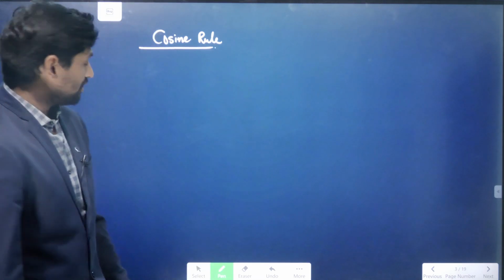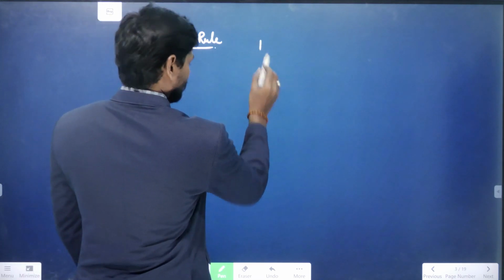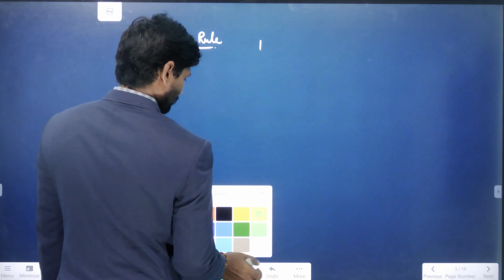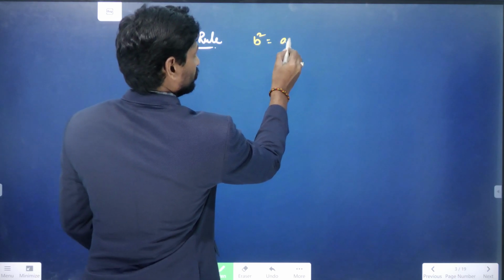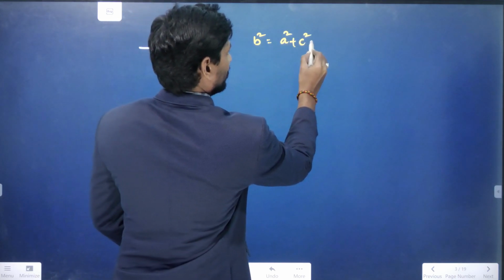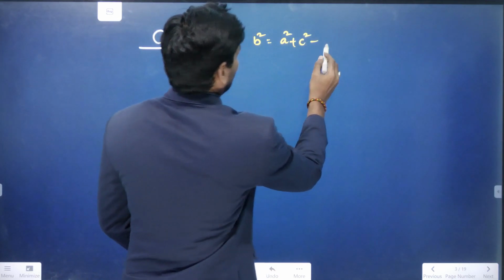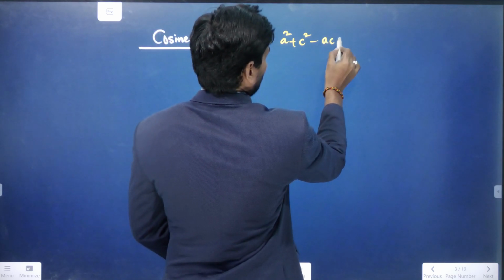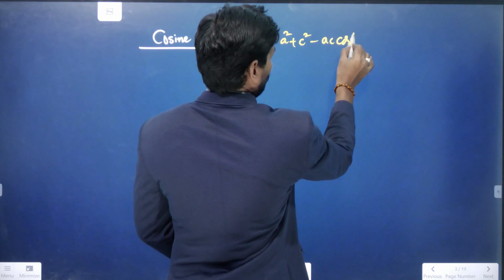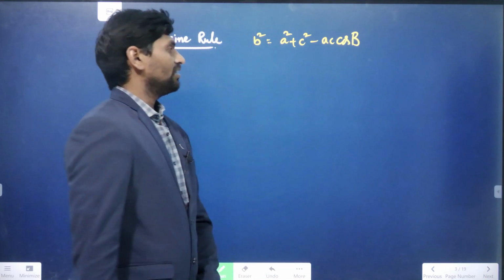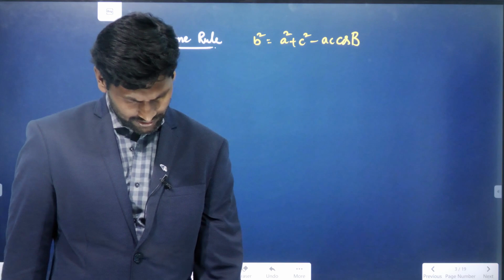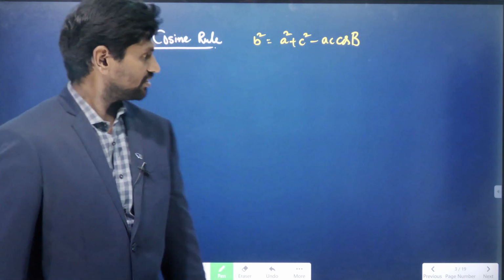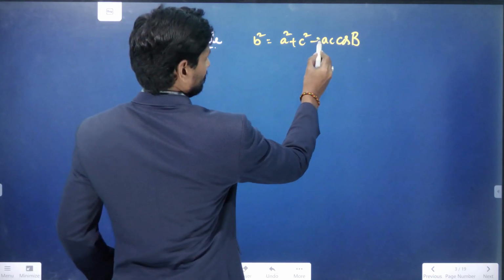So the cosine rule is: b square equals a square plus c square minus 2ac cos B. Sorry, 2ac cos B, the 2 is also there.